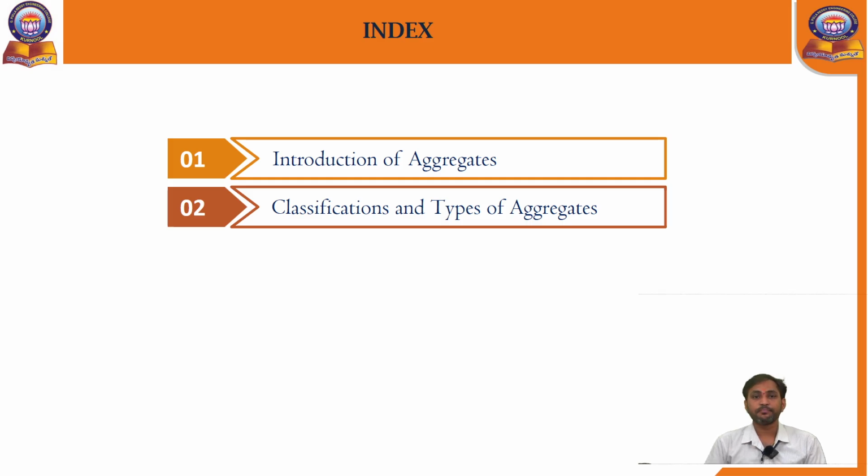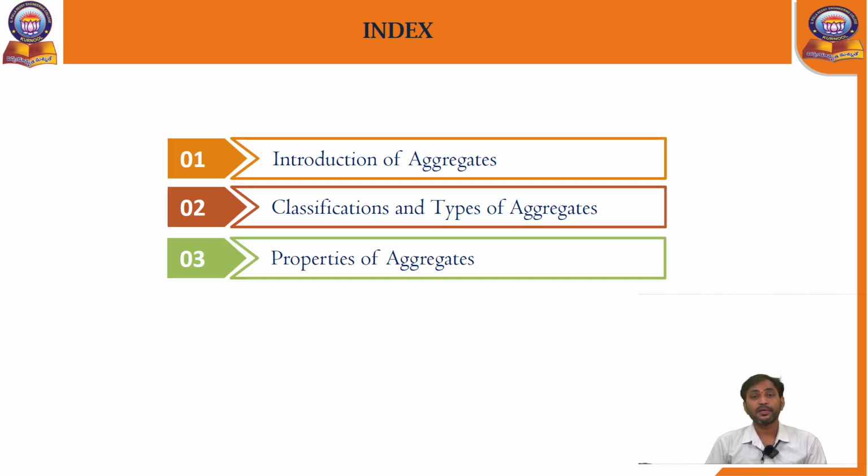Next, third one, properties of aggregate. The properties of aggregate are very important. If the aggregates are available from natural sources, wherever they are available, we should not collect that material and directly use it for the concrete mixture. We have to check the properties, and those properties we will discuss in this lecture video.